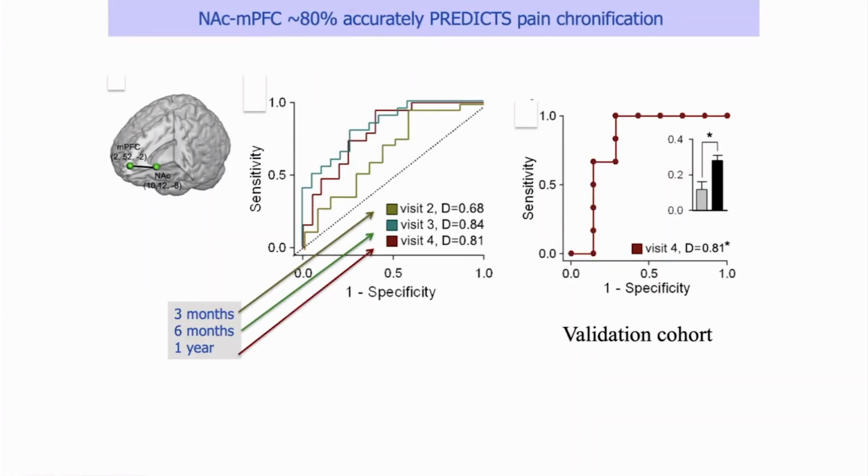So in this slide, I'm basically showing the statistical confidence of our results. Essentially, this data shows that we are about 80% confident that we can identify who 1 year later will develop chronic pain, and these results are validated within our own unbiased data sets, and it's been now also replicated by multiple labs, both within the US and in Europe as well.